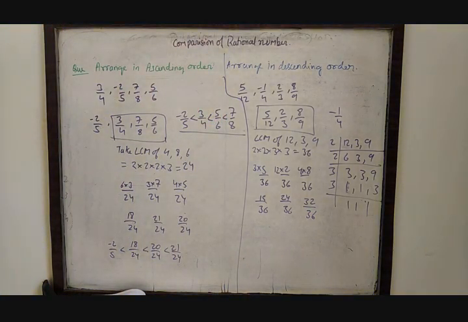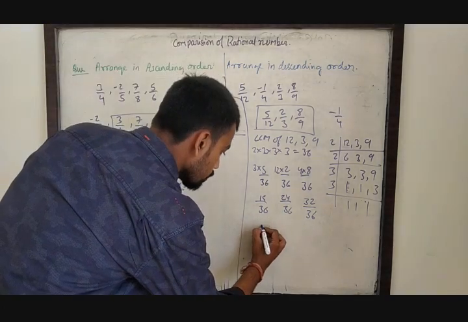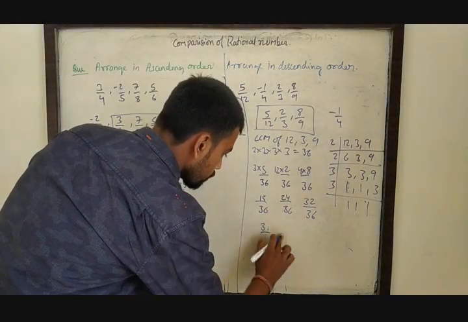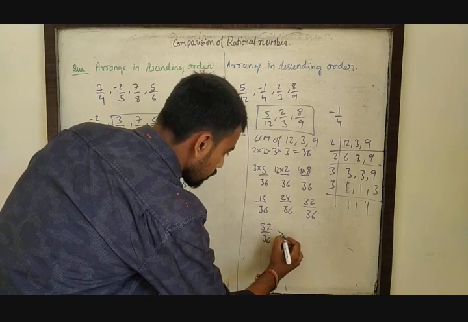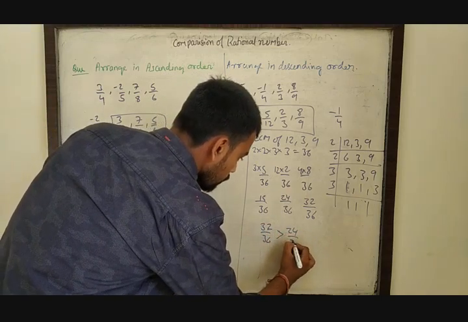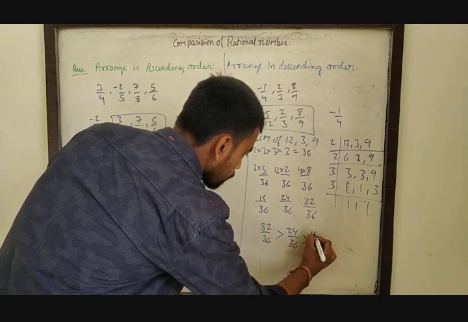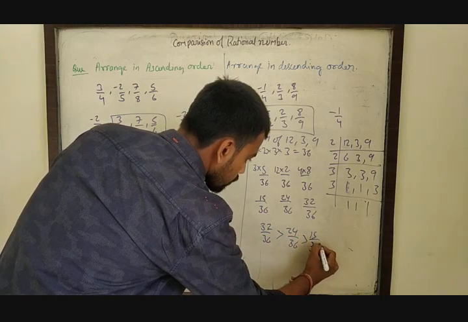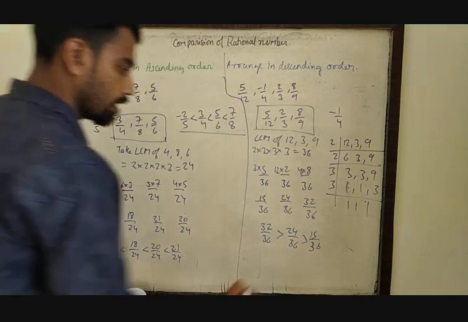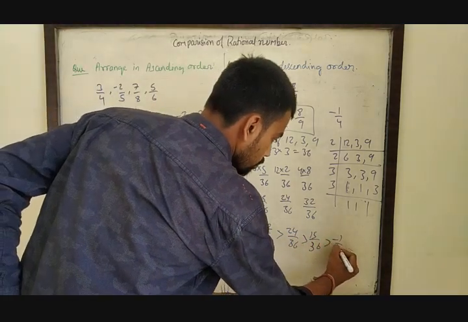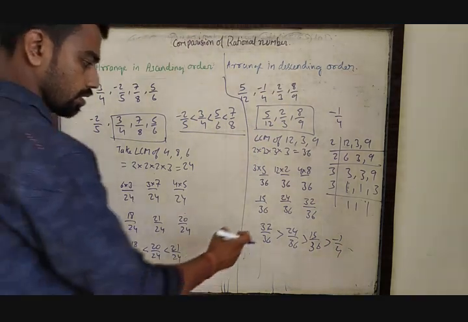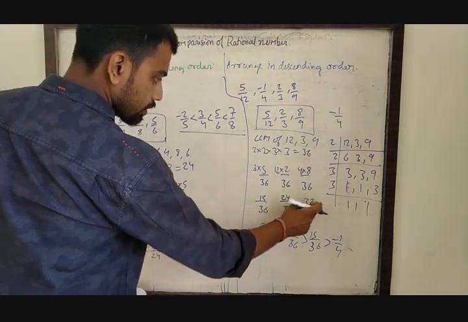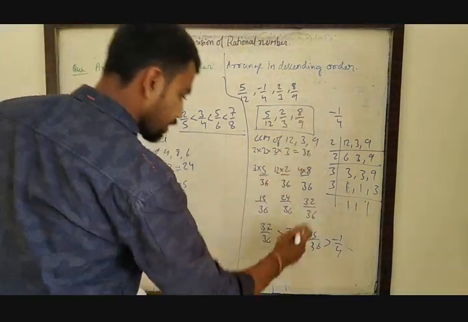So which one is greater? 32 by 36 is greater than 24 by 36, which is greater than 15 by 36. And which one is the last? Minus 1 by 4. Now we replace the numbers. 32 by 36 is 8 by 9.